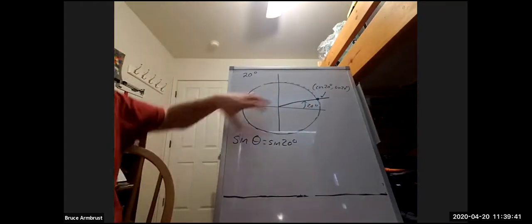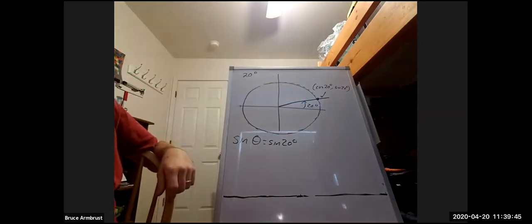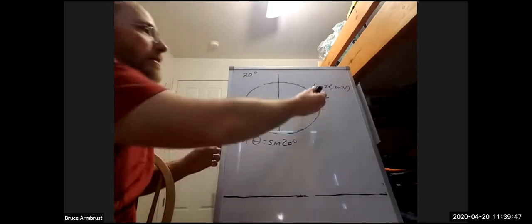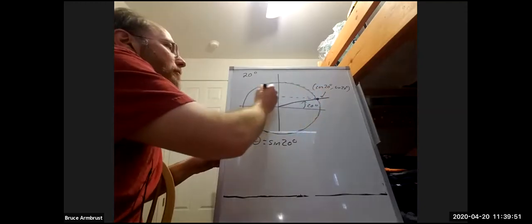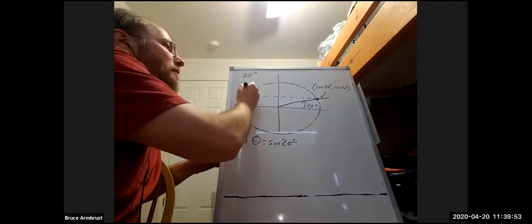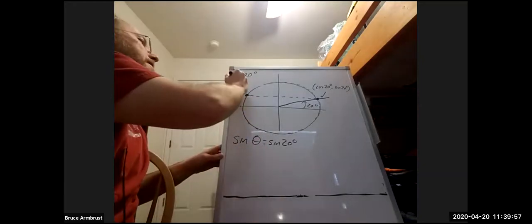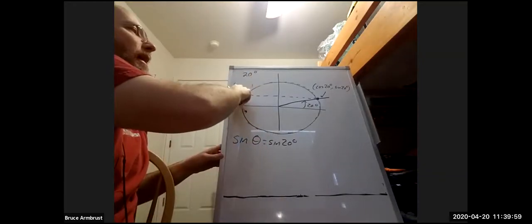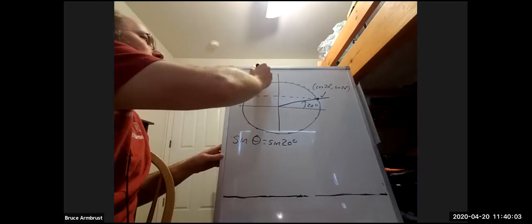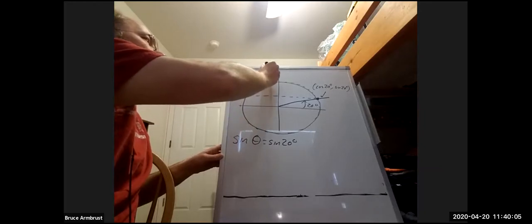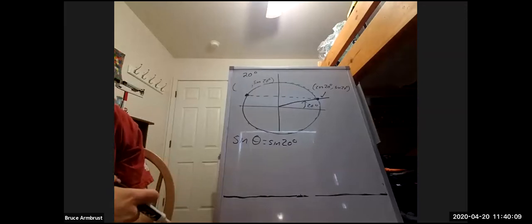So we want to find another point somewhere on the circle that has the same y. Well, y is our up and down. So we're really looking for this point right here. Because this point, I don't know what its x coordinate is necessarily, but its y coordinate is actually going to be the same sine of 20 degrees.